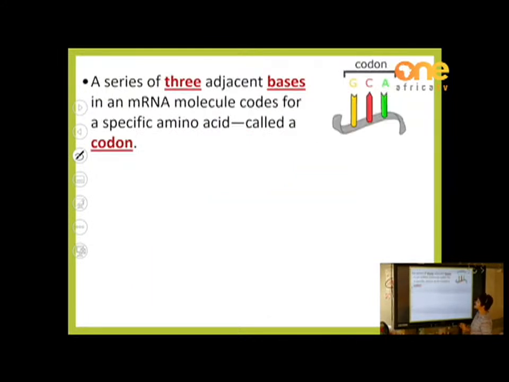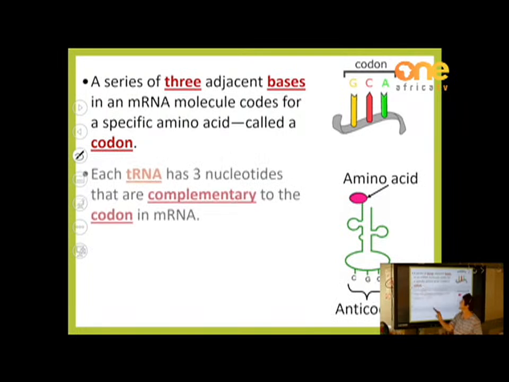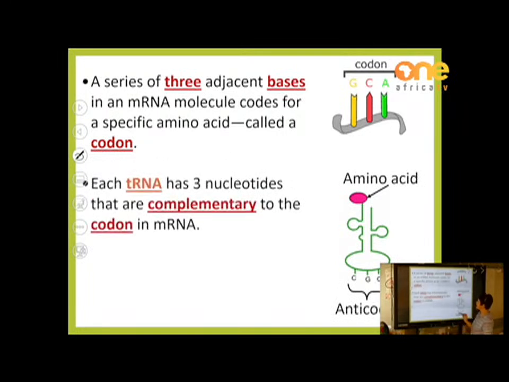And again, a series of 3 adjacent bases on the mRNA is a codon, and a series of 3 nucleotides that are complementary to the codon will be on the tRNA. What will be the complement of this codon?